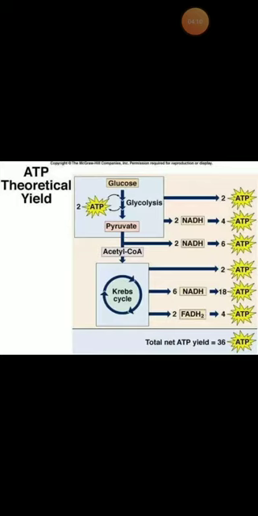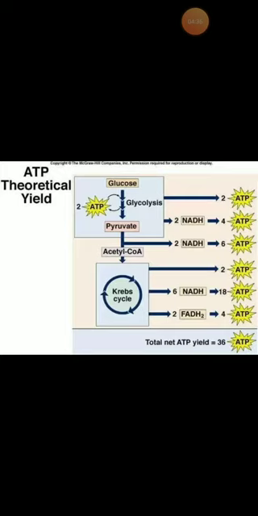So you can see here 2 molecules of ATP. Then in glycolysis 2 NADH molecules are produced, and one NADH2 molecule produces 2 ATP molecules, so 2 will produce 4. So from the 2 NADH from glycolysis we get 4 molecules of ATP.